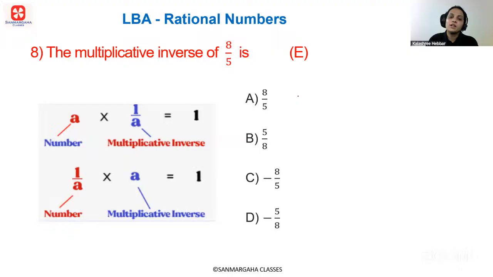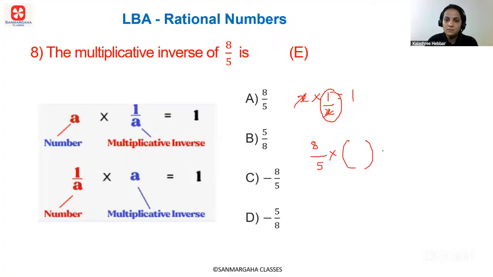So for example, say consider x is a number. If you multiply some number to this x, you get the answer as 1. Then 1 by x is the multiplicative inverse. Now here we have 8 by 5.